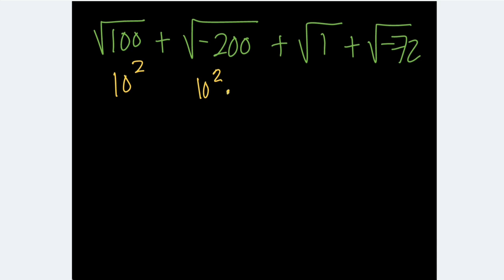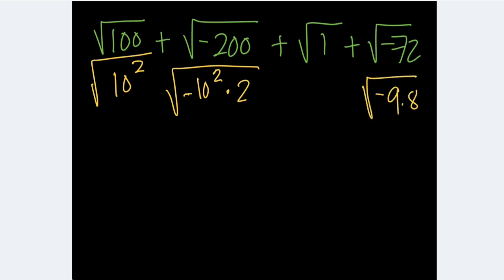So that is 10 squared times 2. Negative. Then square root of 1 is 1. Negative 72. 72 is divisible by 9. Just write this as negative 9 and 8.